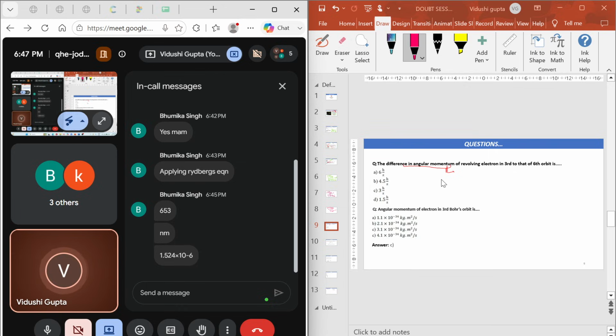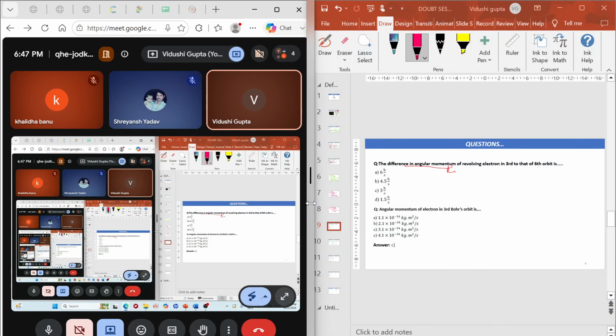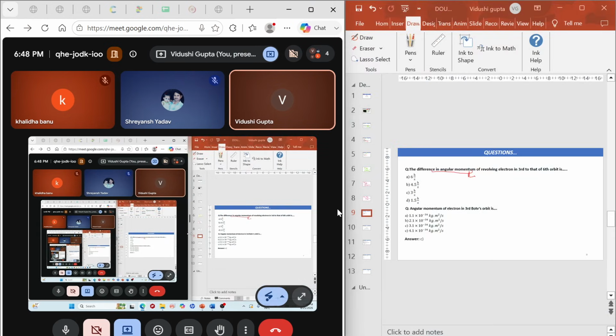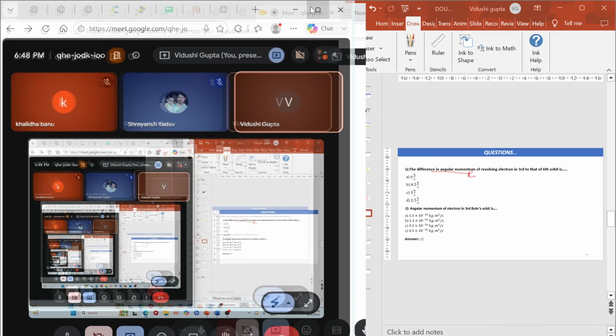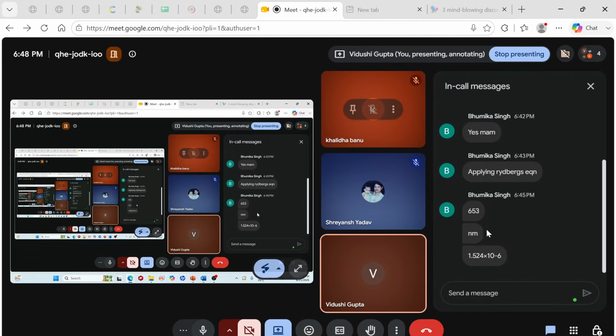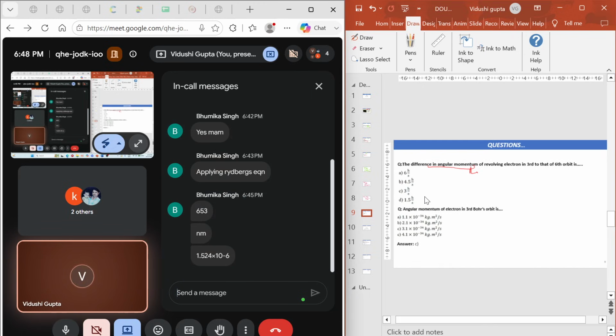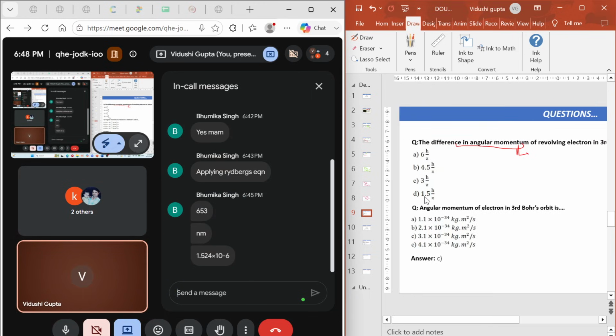So what is the difference in angular momentum?